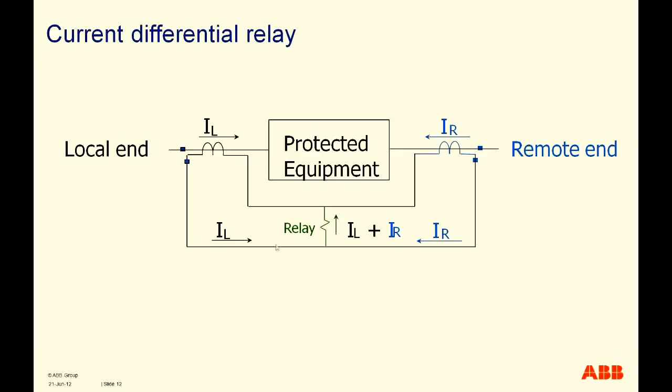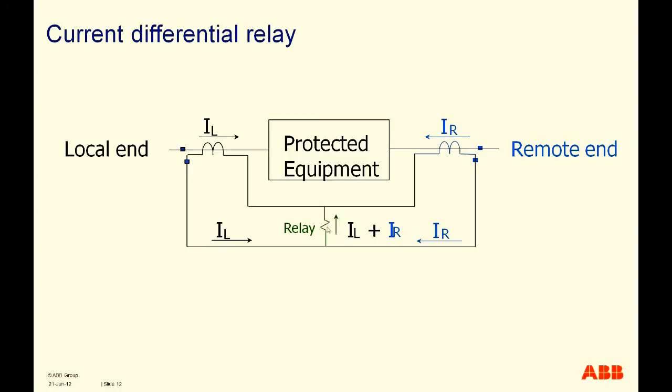IR is the remote current direction, and the relay operating coil is in the differential path of these two circuits.